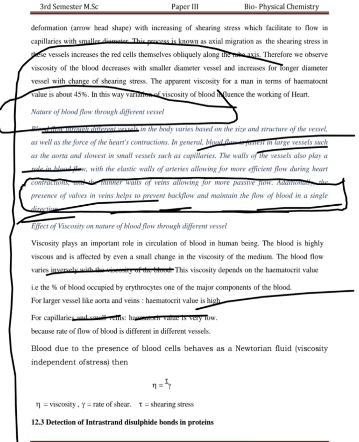For capillaries and small veins, the hematocrit value is very low, because the rate of flow of blood is different in different vessels. So depending on the rate of flow of blood, you can see the hematocrit value.